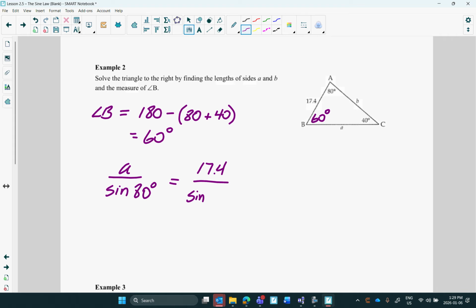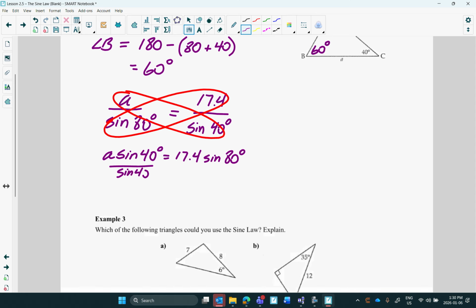Cross multiply to get rid of the fractions. So A times the sine of 40 will equal 17.4 times the sine of 80. To get A by itself, I have to divide both sides by sine 40.